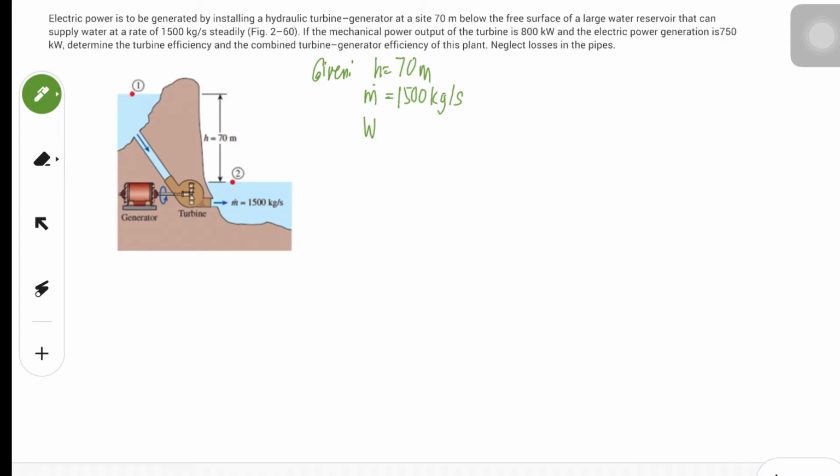So the work of the turbine is equal to 800 kilowatt.